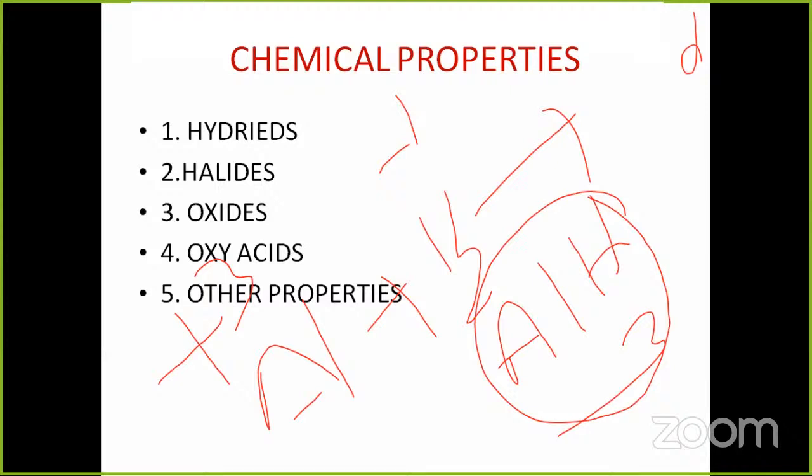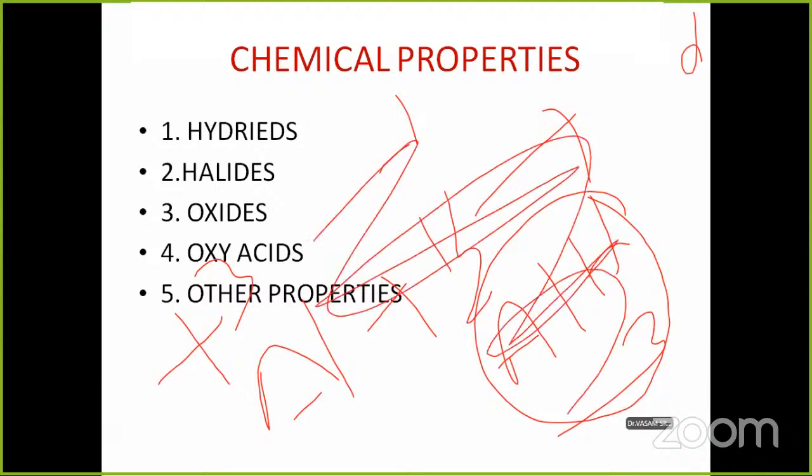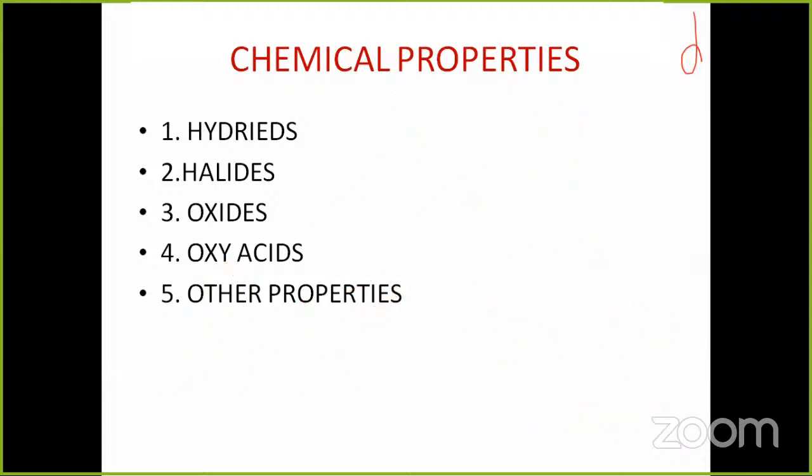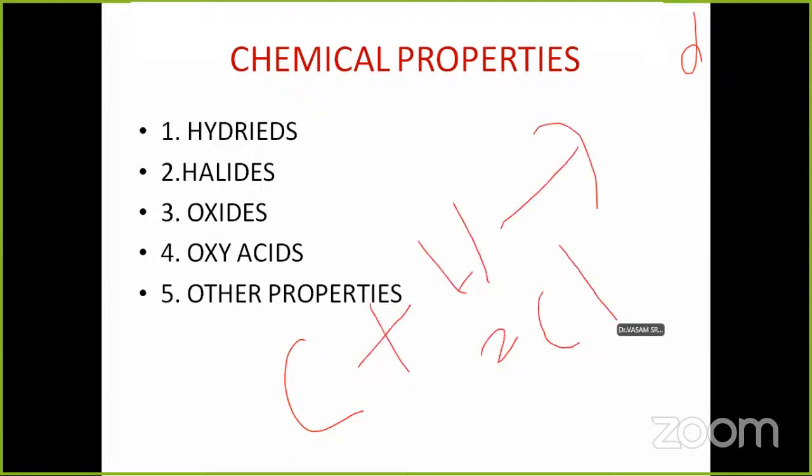And take carbon, the famous element: C and H. It gives CH4 or C2H6. Any hydrocarbon, alkane, alkene, alkyne, all come under hydrides of carbon.